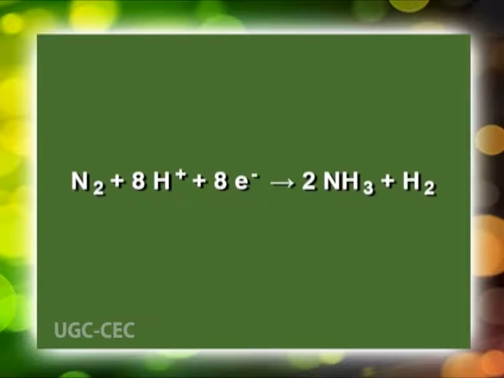The reaction is nitrogen N2 plus 8 protons plus 8 electrons, giving ultimately 2 molecules of ammonia and H2. The process is coupled to the hydrolysis of 16 equivalents of ATP and is accompanied by the co-formation of 1 molecule of hydrogen.